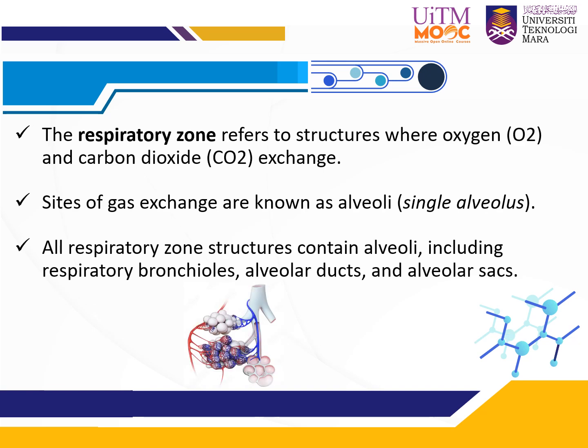The other zone is known as the respiratory zone, which refers to the structures where oxygen, O2, and carbon dioxide, CO2, are exchanged. The site of gas exchange is the alveoli. Singularly, we call it alveolus. All respiratory zone structures contain alveoli, including the respiratory bronchioles, alveolar ducts, and alveolar sacs.